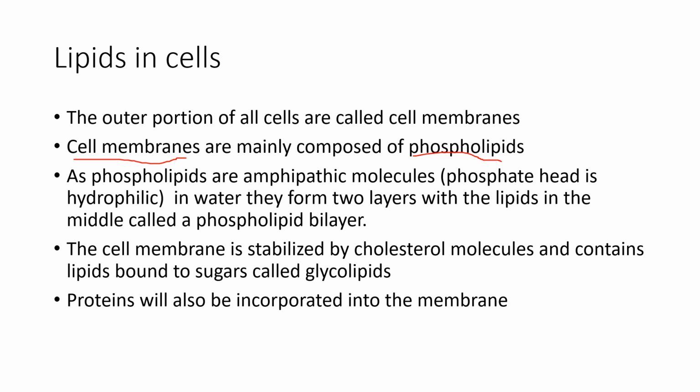And as phospholipids are amphipathic, they will form two layers in water. One layer will have the phosphates, then the lipids, and the second layer will have the lipids and then the phosphates. So you end up making pretty much a sphere where you'd have water in here and over here, H2O.